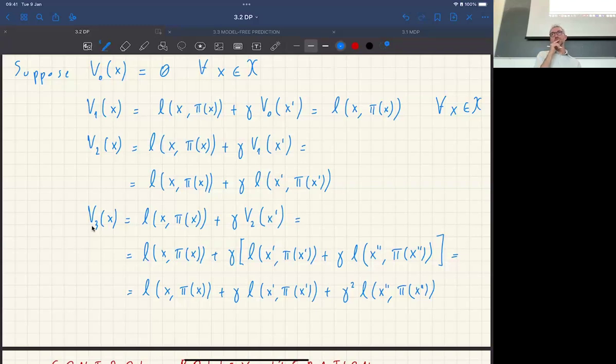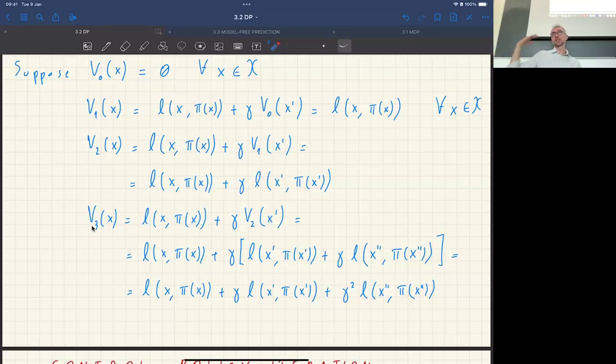I don't know if you see where this is going. Basically, at every iteration of the algorithm, this summation of discounted costs is growing. And we know that the real value is just this summation going to infinity. So of course, as the number of iterations goes to infinity, our estimate of the value converges to the real value.